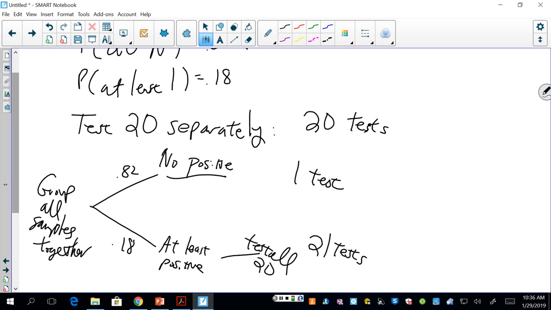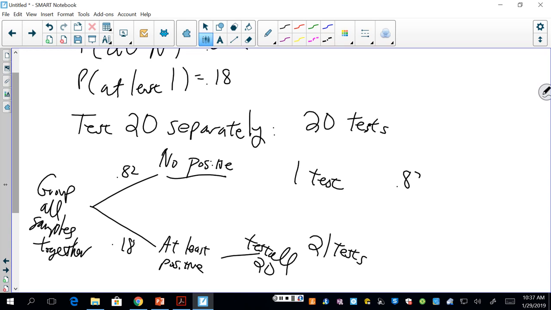But on average, using this procedure for every group of 20 people, how many tests are we going to do? What would be the expected number of tests we would end up doing in these two scenarios? About 82% of the time, we only have to do one. 18% of the time, we have to do 21, which is a little bit more than just doing 20.